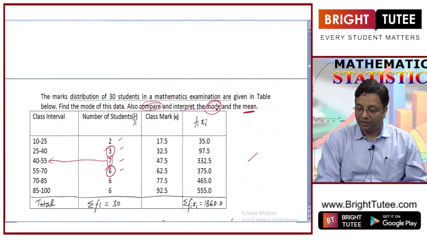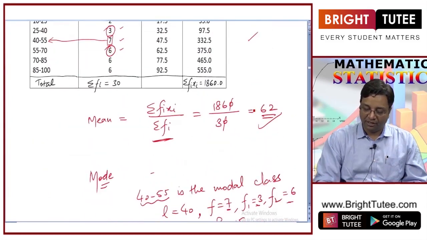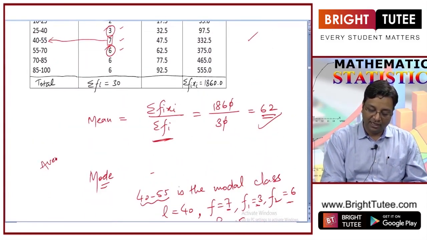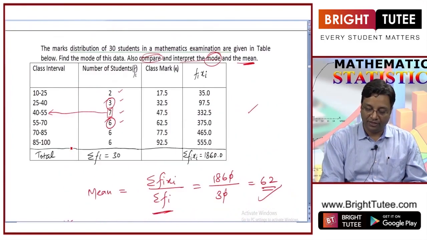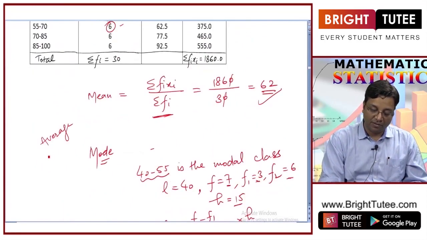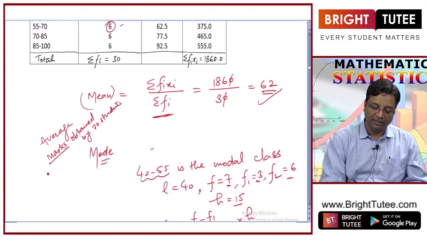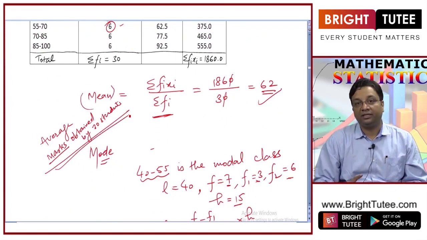Now interpret the mode and the mean. What is the mean? Mean is just the average of data. What is the data? This is the mark distribution of 30 students. So it is the average marks obtained by 30 students. This is the mean.